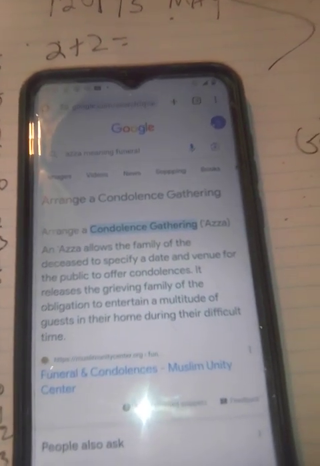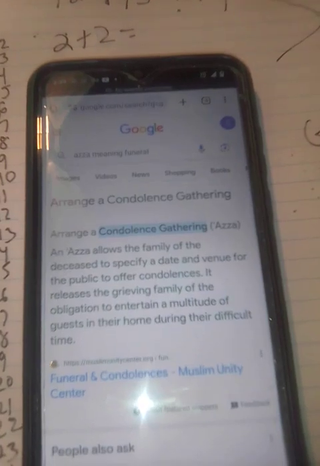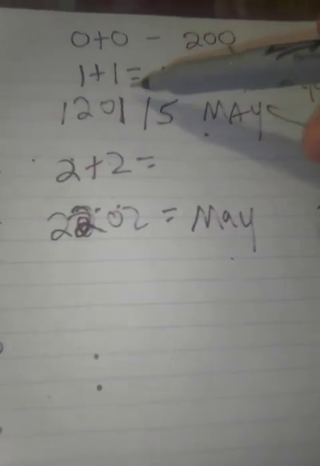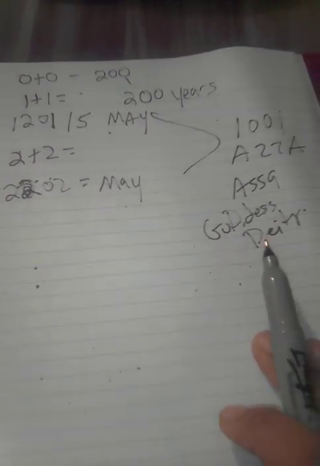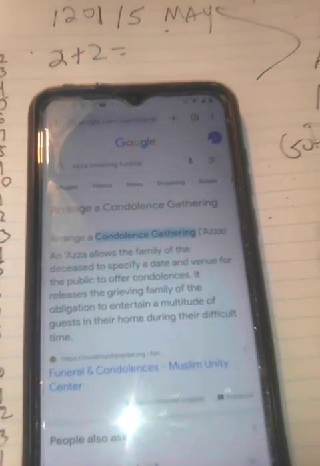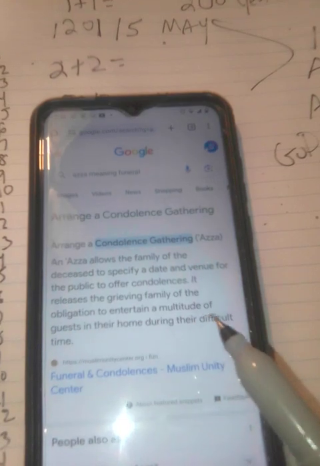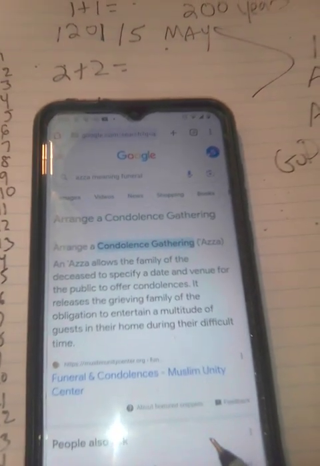Now, if 1001 turns into the name Azza, and we're still in the year 1 plus 1, which is 1201 in this mark, we haven't reached 1001 years, which is 1202. If Azza is what I think it is, and this saying could apply to what I'm saying, okay? It could be saying that we are guests.